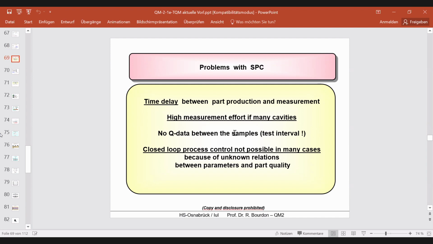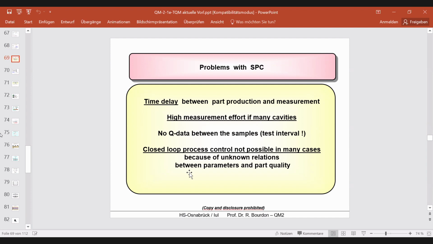Every company does it with experience. There is not a formula or an equation. It has to be defined on the basis of experience. And if you take samples out of the production, you don't have any information about the quality between the samples.